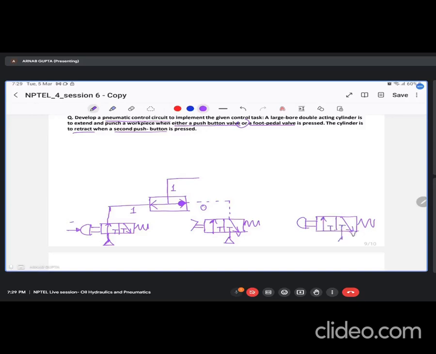You should label all these positions: P, E, P, E, P, E. Sorry, this will be dotted. Why? Because there is no pressurized flow.